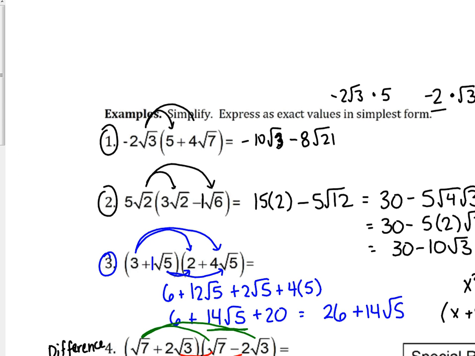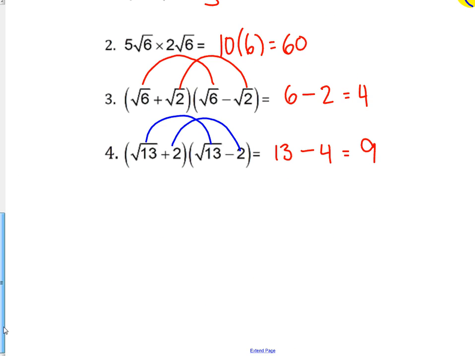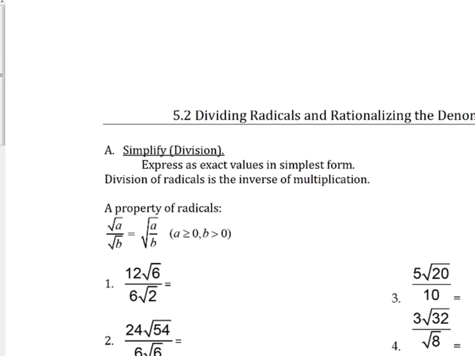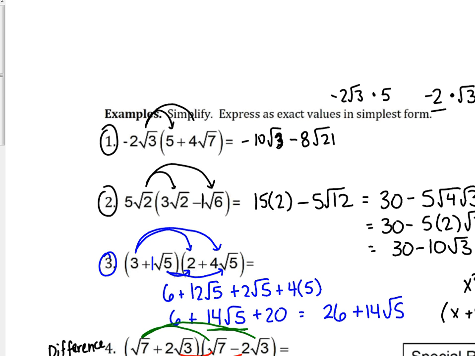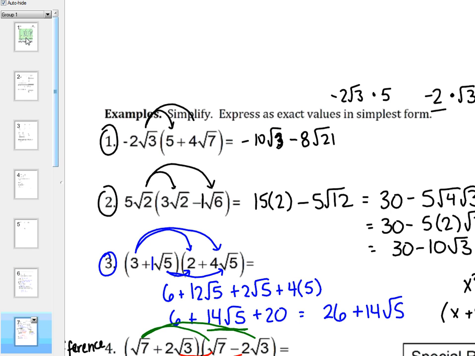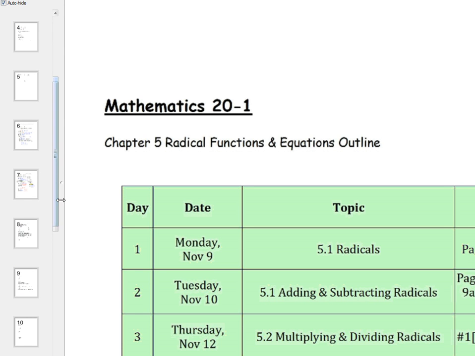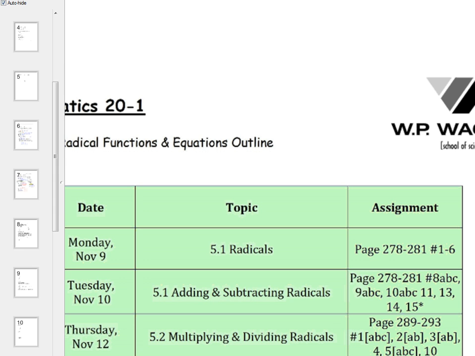Okay, I think we're done, right? That's it for this lesson? Yes? Okay, good. Thank you for agreeing. So what's the homework for today? Tomorrow's stuff is 3 pages, I guess.